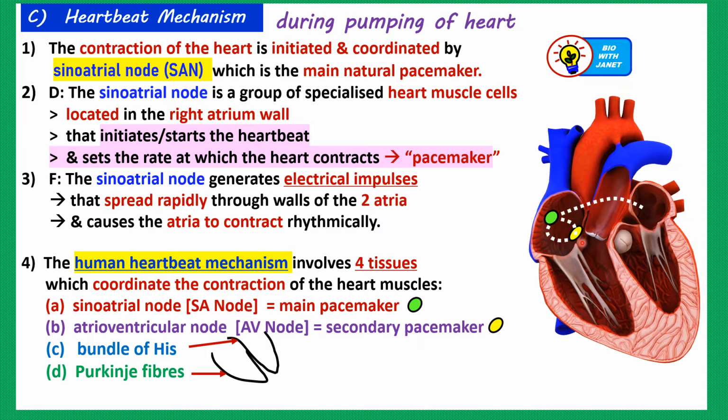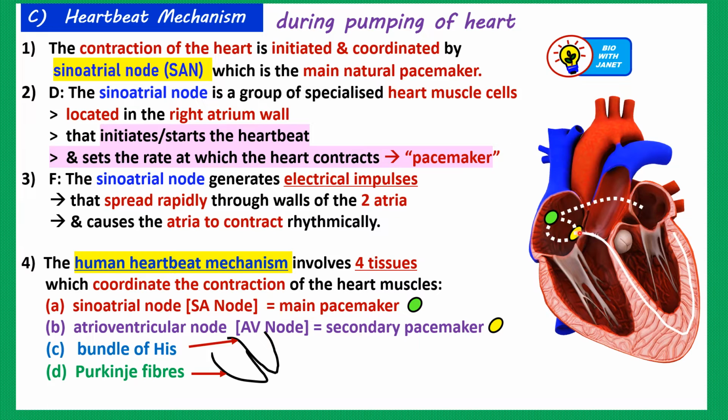From the atrioventricular node, there are more tissues or fibers. The third one is the bundle of His. This tissue here in the septum is the bundle of His. The atrioventricular node is also in the septum, but it's higher up, near the junction of the right atrium and the right ventricle, somewhere near the tricuspid valve here.